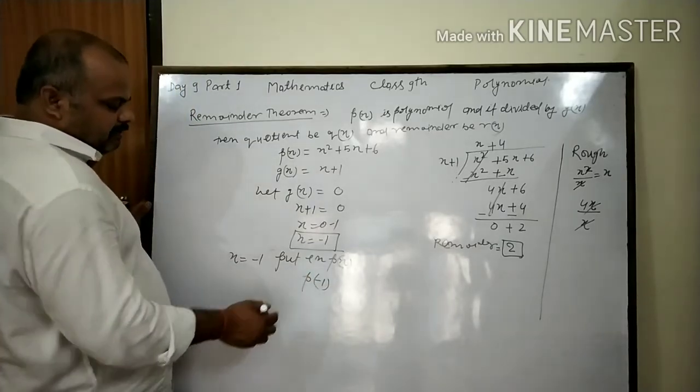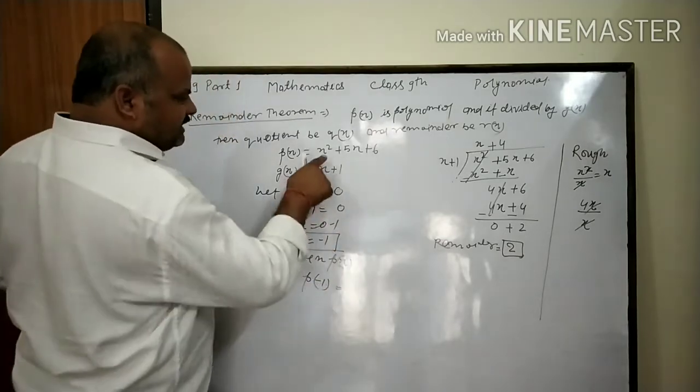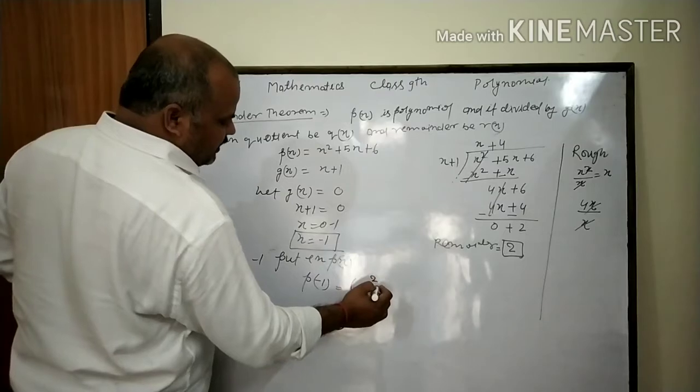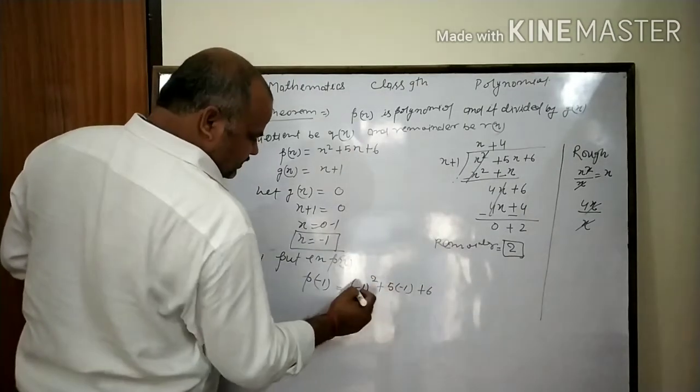Clear? p(minus 1). Then here in the place of x you put minus 1: minus 1 whole square plus 5 into minus 1 plus 6.